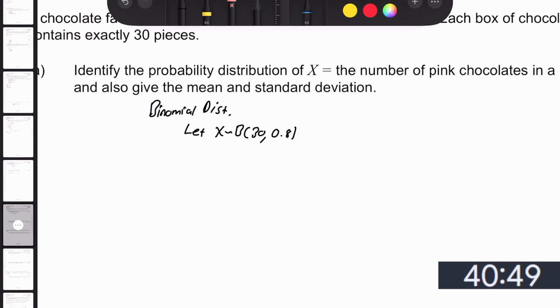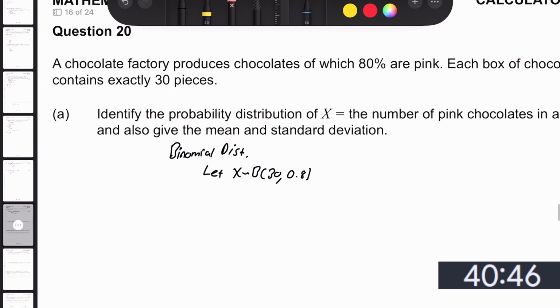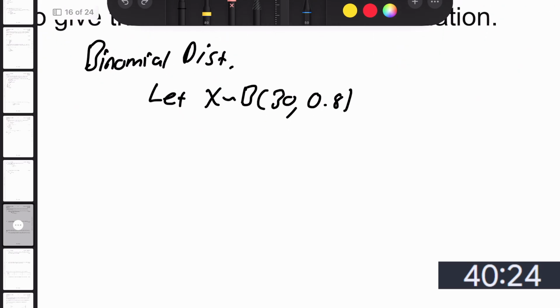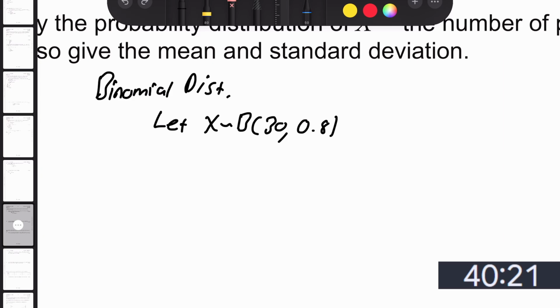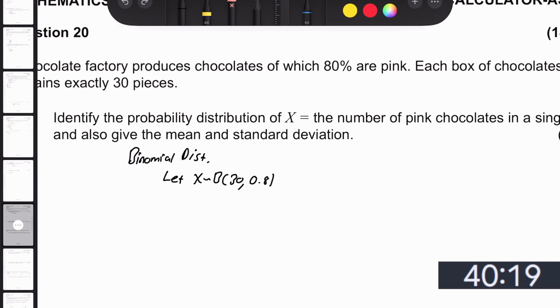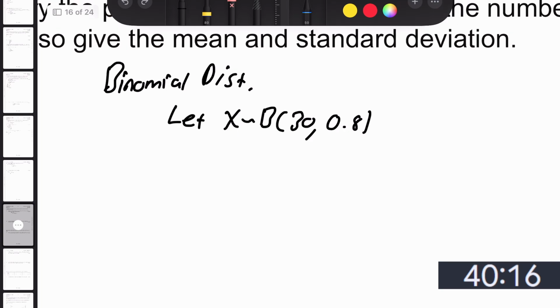Okay, I knew this was a binomial. Well, I started to understand it was a binomial because it's exactly 30, and for normal distribution you want more than 30, and also np, so 30 times 0.8 is 24, which is fine, above 10, but n times (1 minus p), so 0.2 times 30 is only 6, and that's less than 10, so it's not going to be a normal distribution, so it has to be a binomial distribution. It also makes sense because the chocolate can either be pink or not. Now the mean is just going to be np, which is going to be 24.